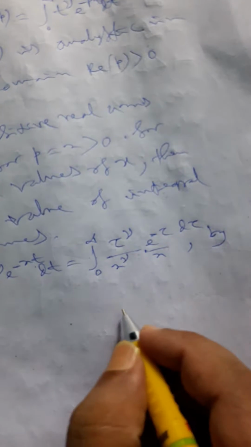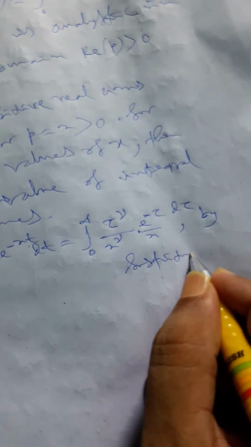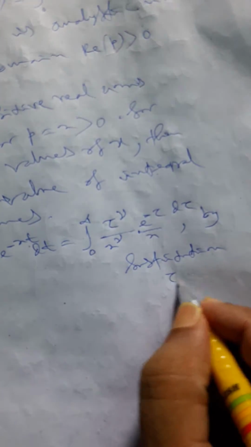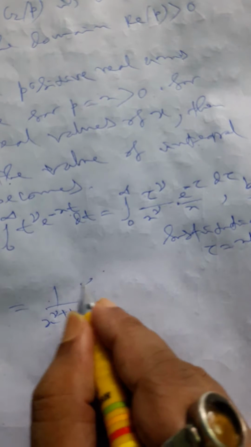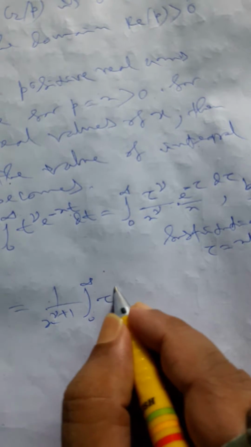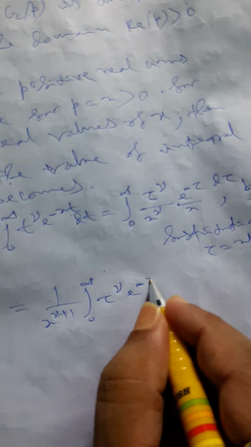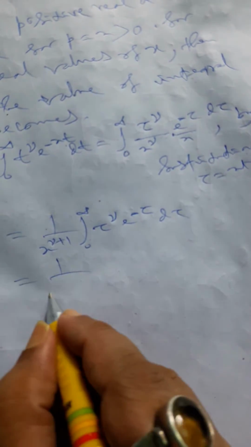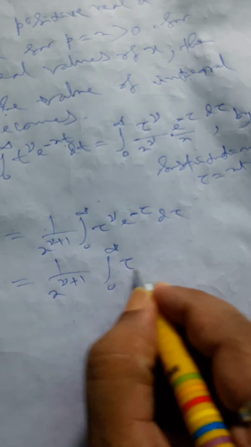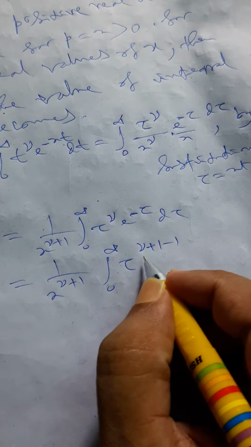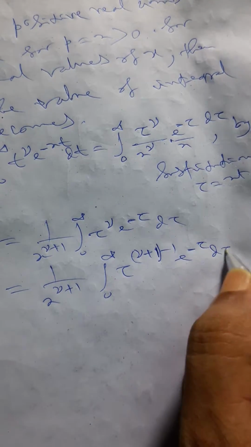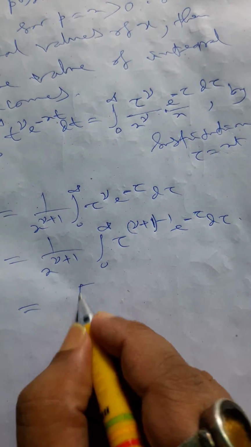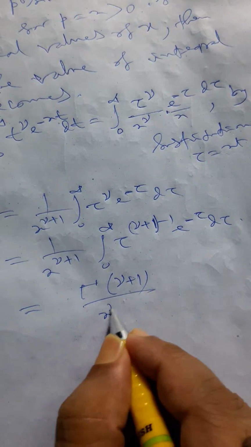After simplification, by the substitution tau equals xt, it is clear that we get 1 by x to the power gamma plus 1 times the integral from 0 to infinity of tau to the power gamma e to the power minus tau d tau. Here we adjust by adding 1 and subtracting 1 in the exponent. This is gamma function of gamma plus 1 by x to the power gamma plus 1.